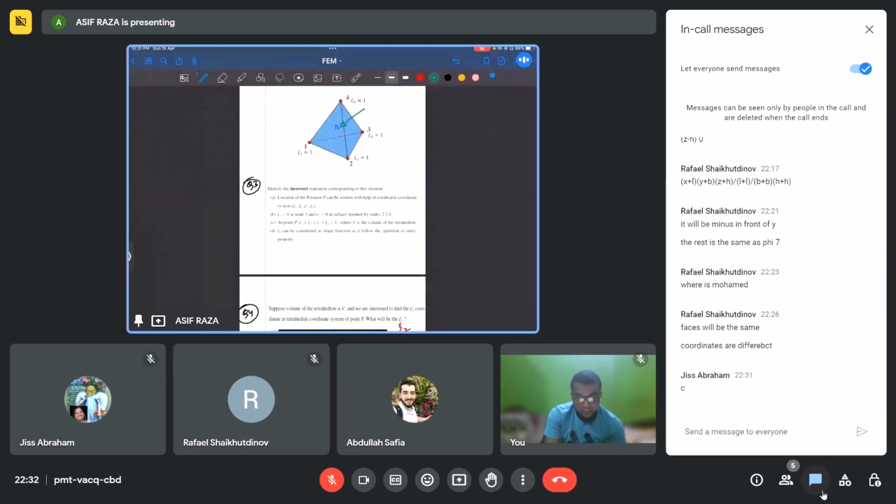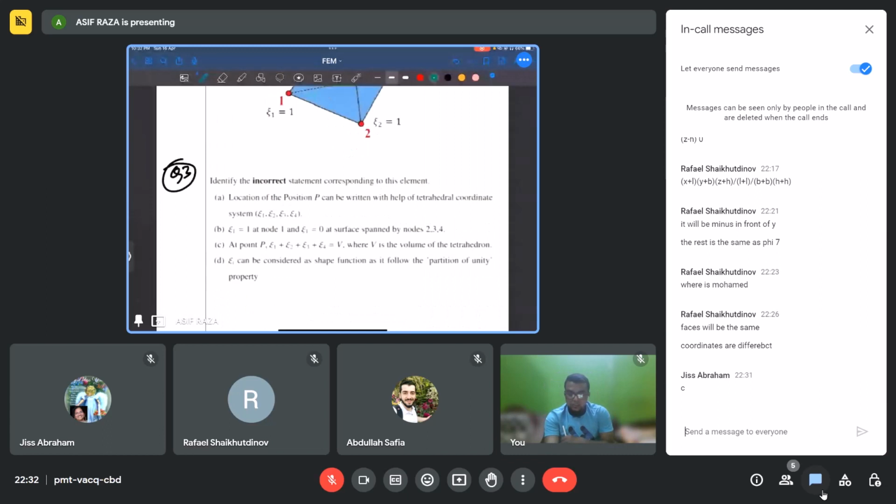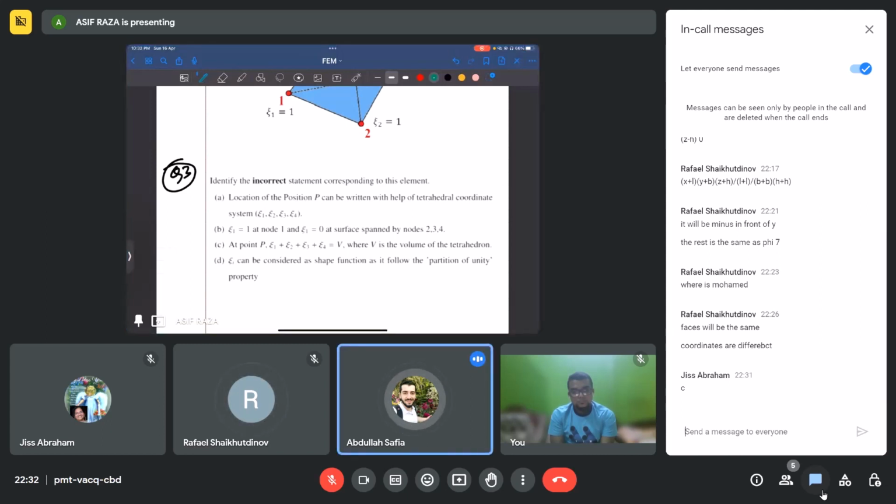Okay. So, according to this option, C is the incorrect statement. And what about Rafael? You're saying A, B, C are correct. So, according to you, option D should be incorrect. Is it? I also think like Raphael.